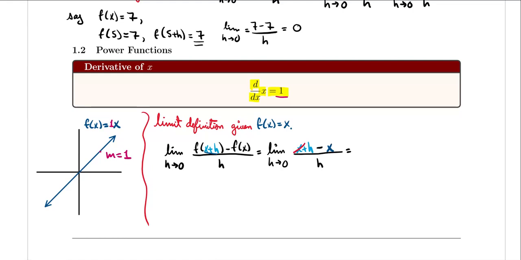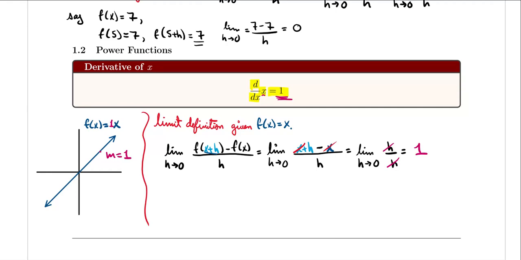And we get to see here that, okay, well, in the numerator, you can cancel the x's. Then you're just left with the limit as h approaches 0 for h over h. And again here, simplifying first, h over h is just a 1. So really we'd just be left with the limit as h approaches 0 for 1, which is just 1. And there we go. Different ways of showing that the derivative with respect to x of x is just equal to 1.